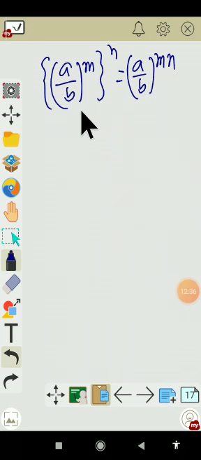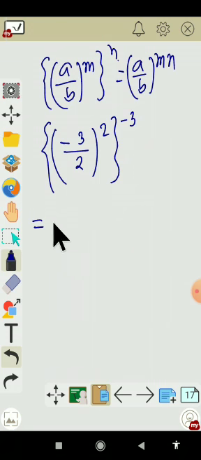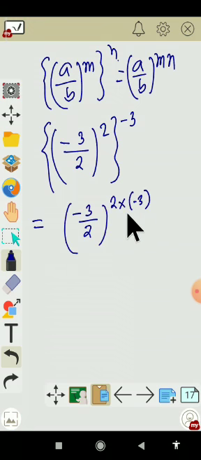Next we will see another application of this formula, ((a/b) to the power m) to the power n equal to (a/b) to the power mn. Suppose the question is (minus 3/2) to the power 2 and its power minus 3. What we have to do is multiply these powers, 2 into minus 3.